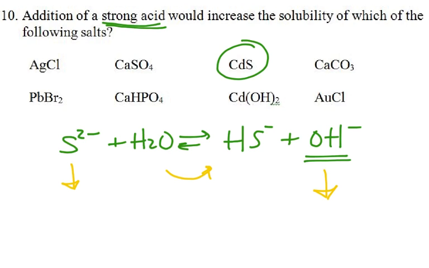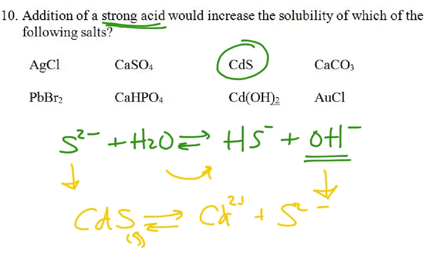So if my equation here is cadmium sulfide solid is breaking up to be cadmium ions and sulfide ions, well, if I can remove more sulfide ions, then this will shift to the right and my solubility will increase.